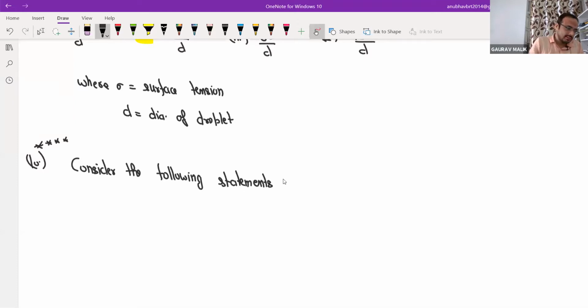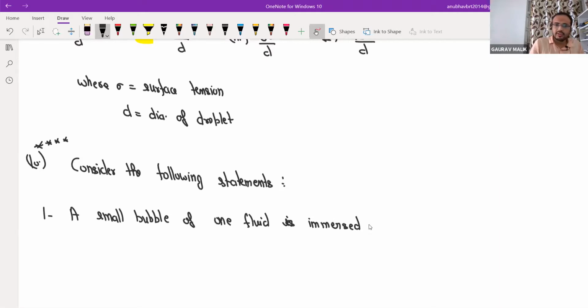Consider the following statements. First, a small bubble of one fluid immersed in another fluid has a spherical shape.